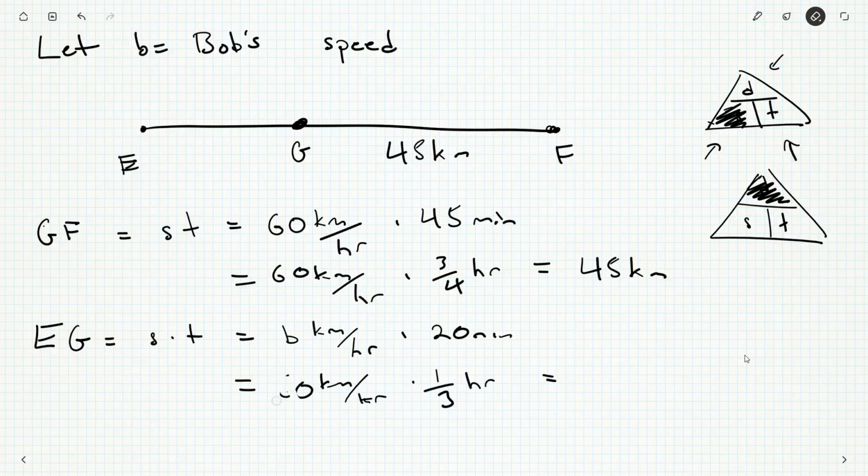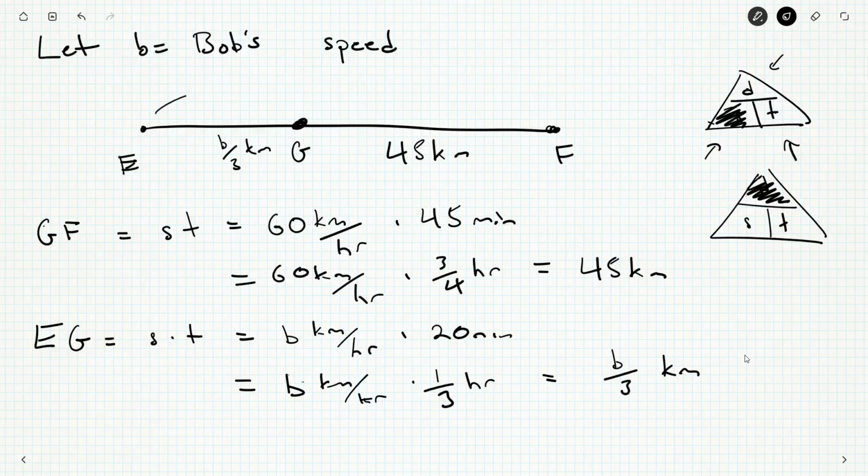Oops, it's not 60. Let's not make that fatal mistake. B, so EG is B over 3 kilometers. Now, I still don't have an equation involving something equals B, but I think that's about to change.